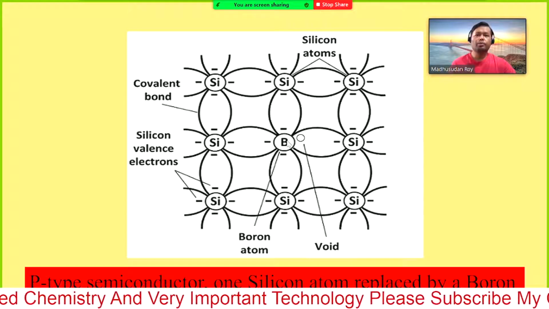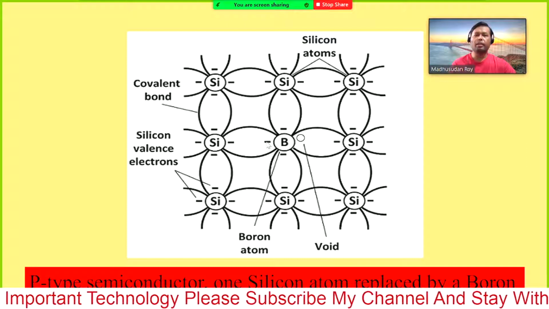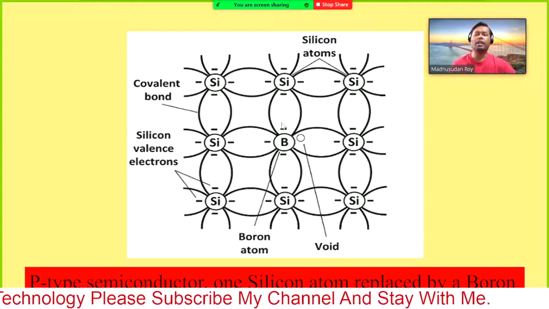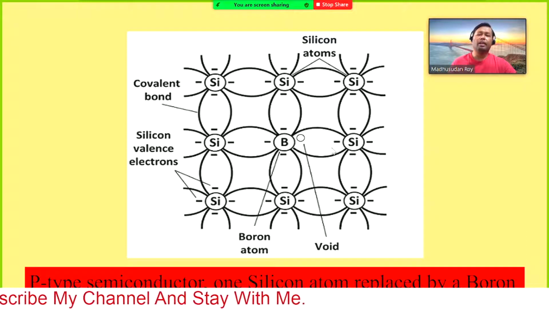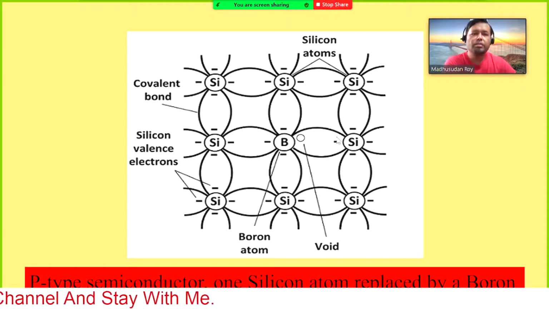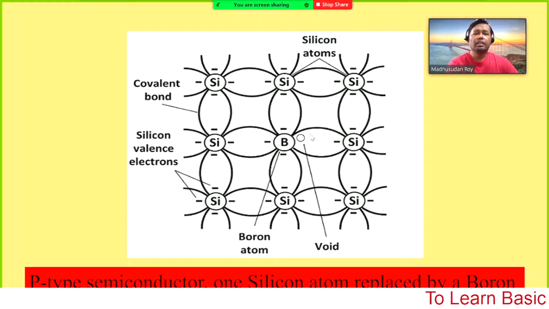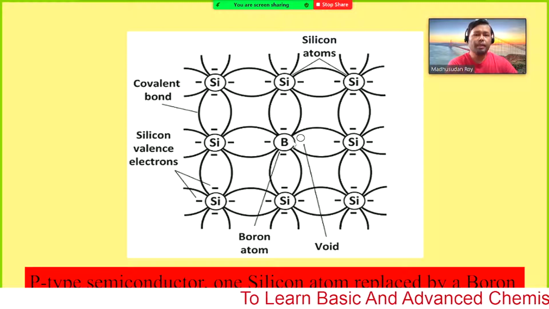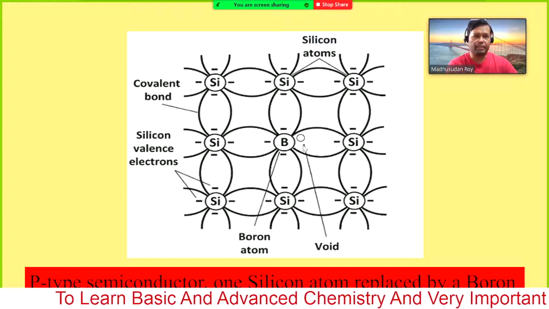So this boron can form one bond with this silicon, another with this one, and another with this silicon, but there is still a silicon on the other side that is not bonded to the boron. So what happens in that case? There is a free hole, that means it does not have an electron, an empty space.